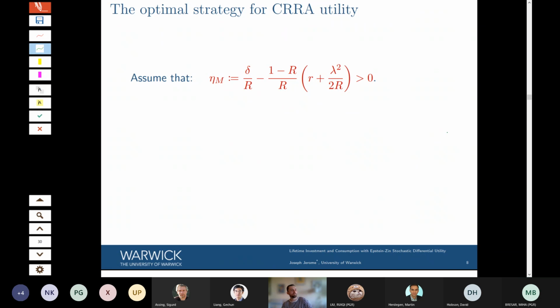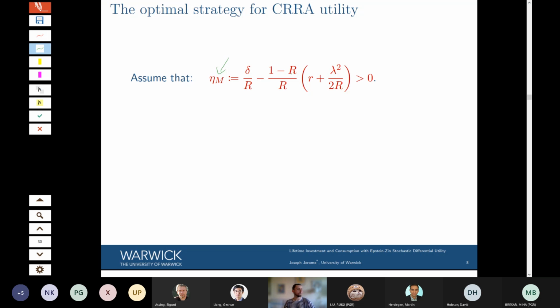For the Merton case, the time additive case, if we assume that this constant eta subscript m, where the m is for Merton, is positive, then we're going to have a well-defined solution to the optimization problem that I just talked about.